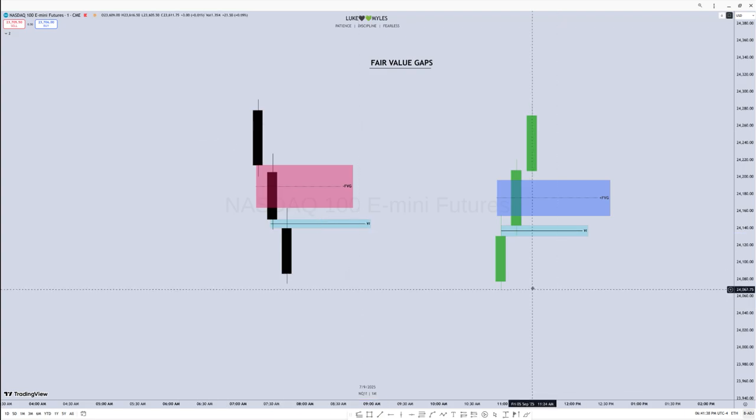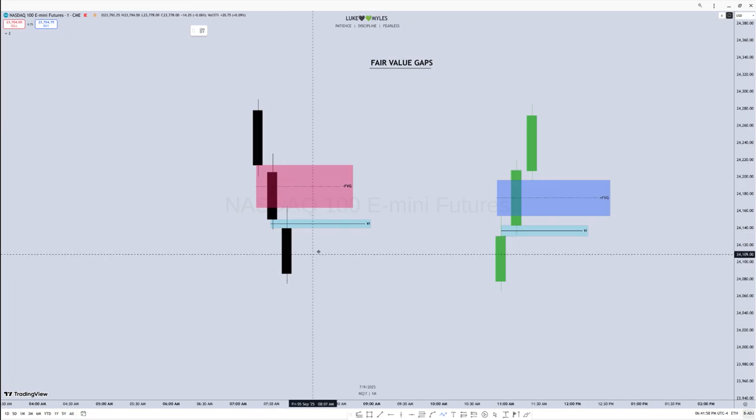So we shall study how the market has to react to different fair value gaps. Now, for this bearish fair value gap, we said it lacks sell side delivery. That means when market comes back to this bearish fair value gap, it is going to deliver bearish price action.